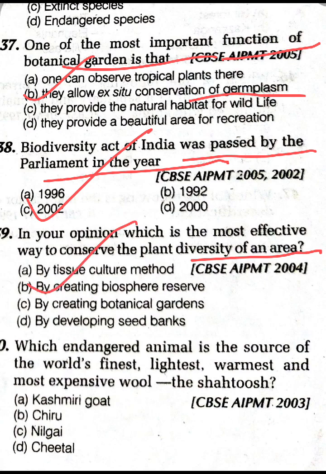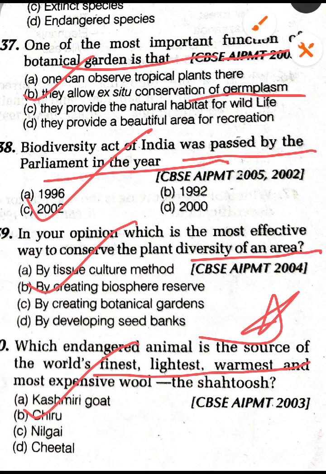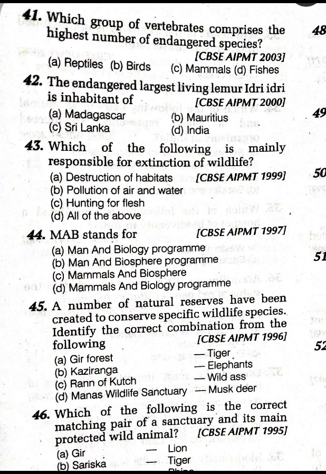Option number B. Which endangered animal is the source of the world's finest, lightest, warmest, and most expensive wool, the shahtoosh? So it is Chiru. Option number B, which is an antelope. Which group of vertebrates comprises the highest number of endangered species? So option number C, mammals.